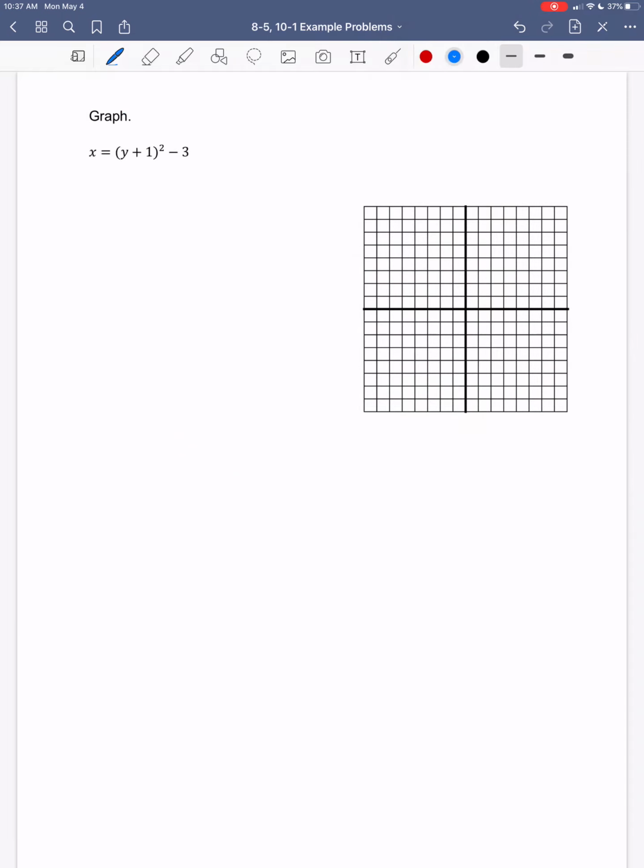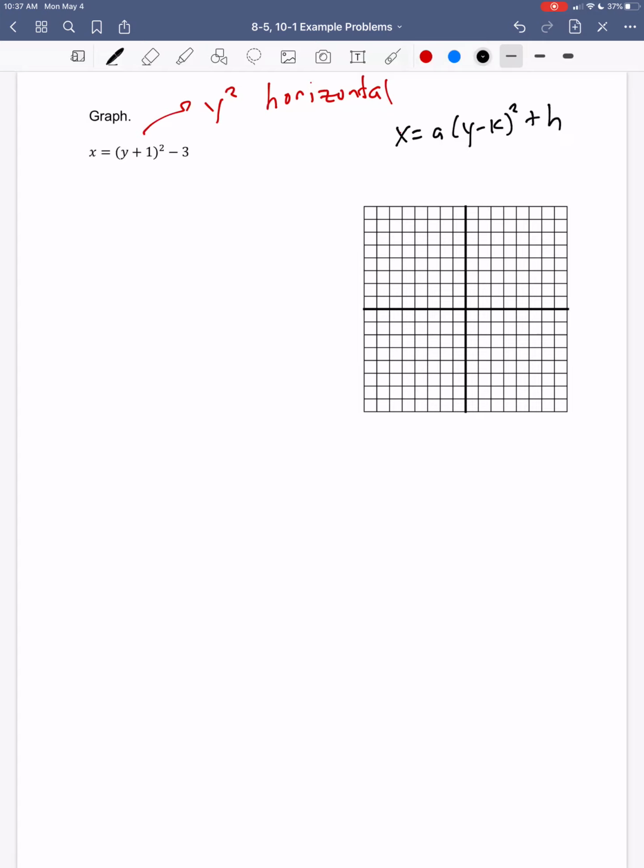One more example then. This one I have y² instead of x². That means my parabola is going to be horizontal instead of vertical. So what I have here, in theory my general form is standard form a(y - k)² + h.